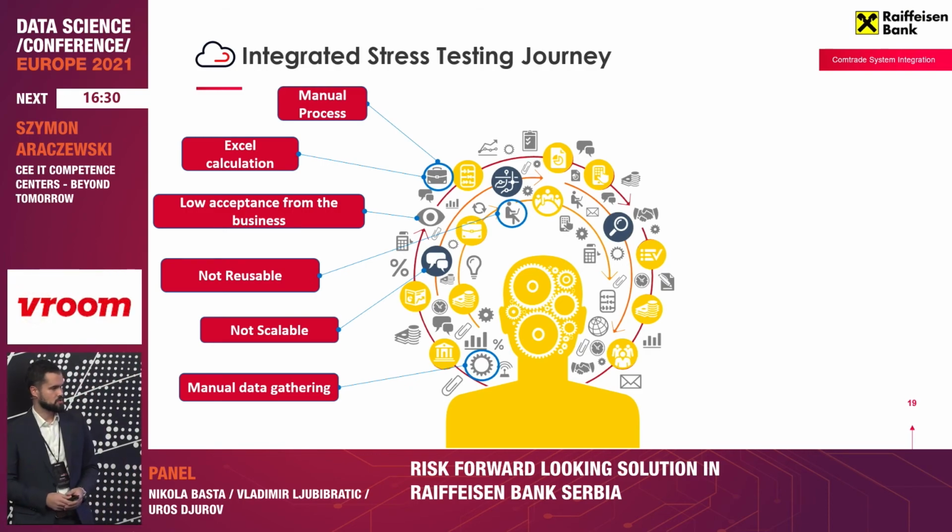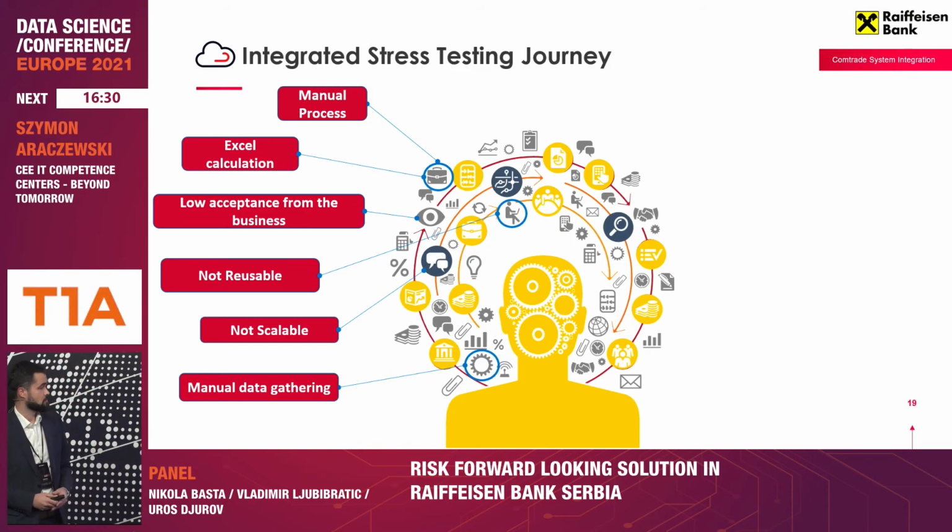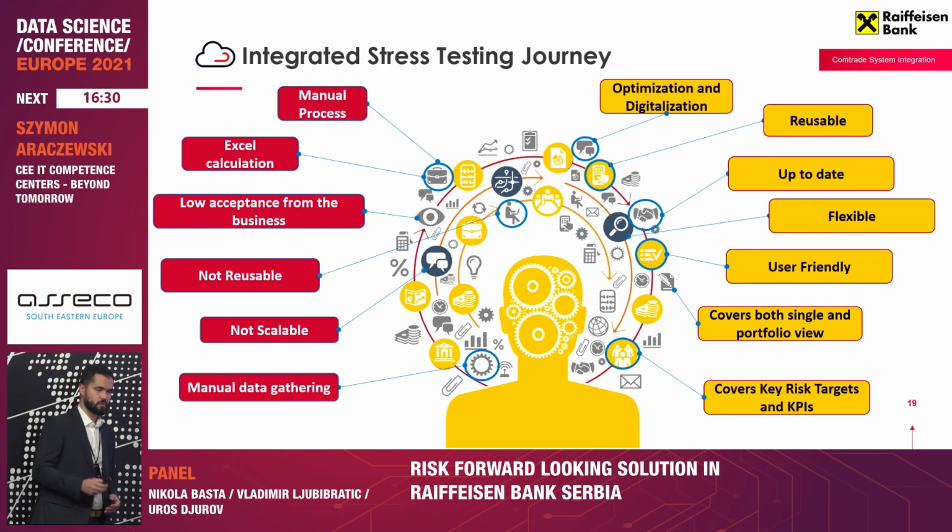Before, we had solutions which were manual. We had solutions which were not scalable, not shareable with other network banks, and also we were fully based and relied on Excel calculations and communications via email. Now we are fully in line with our digital transformation and innovation strategy.